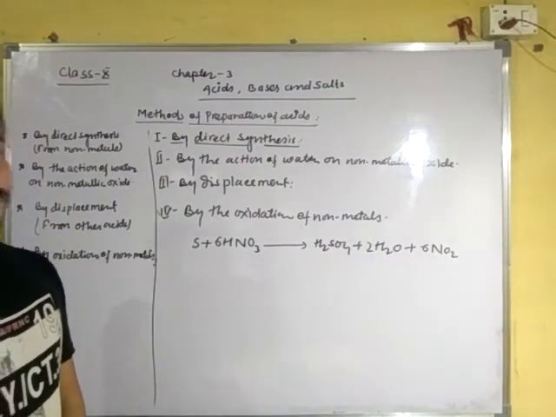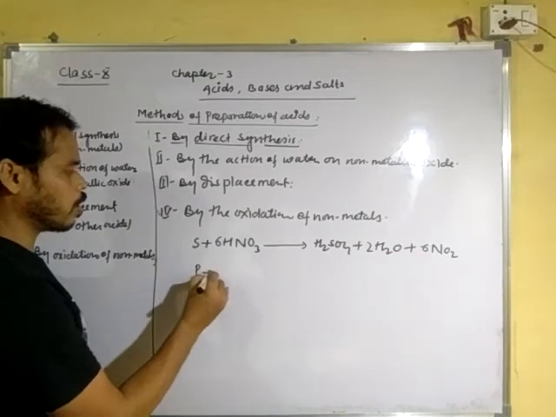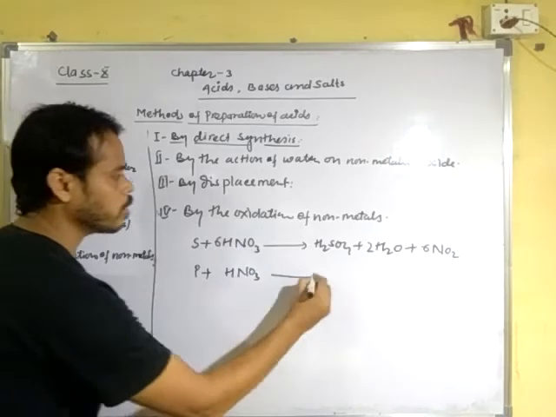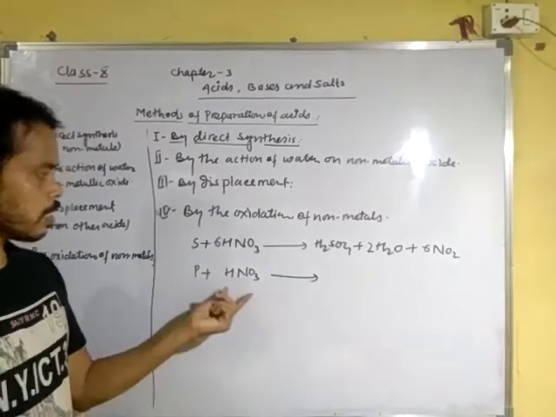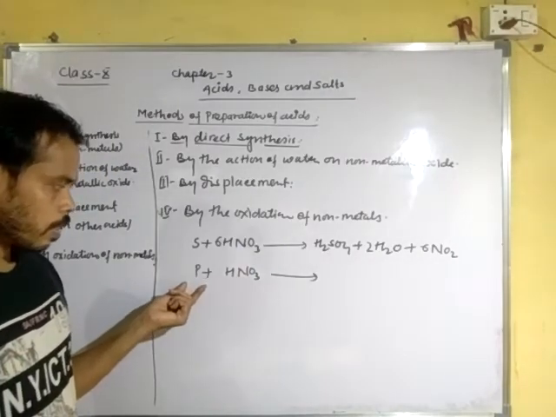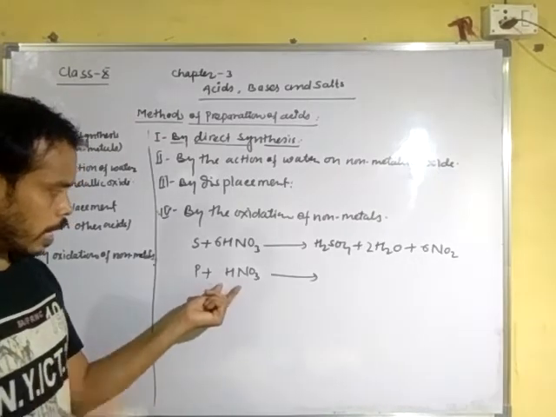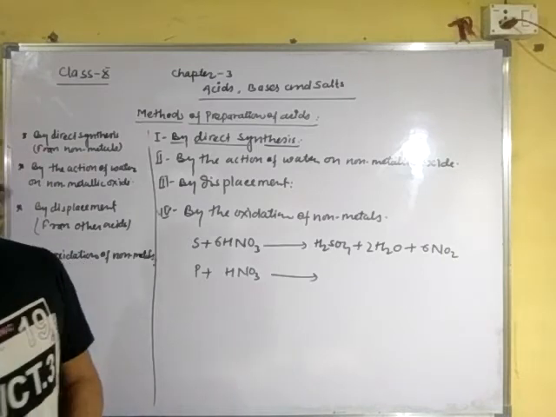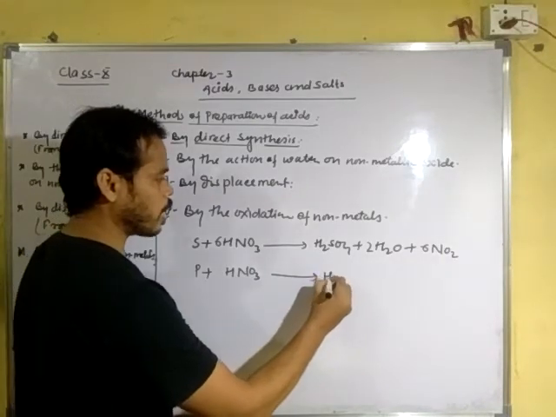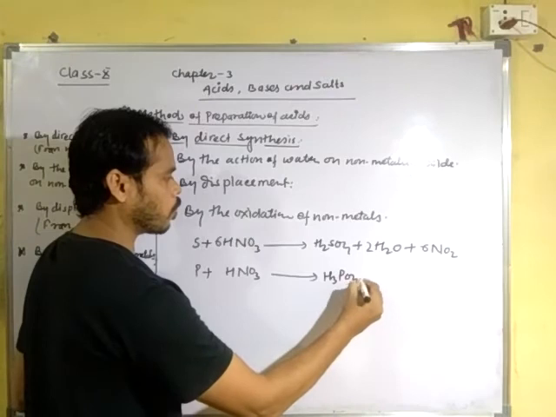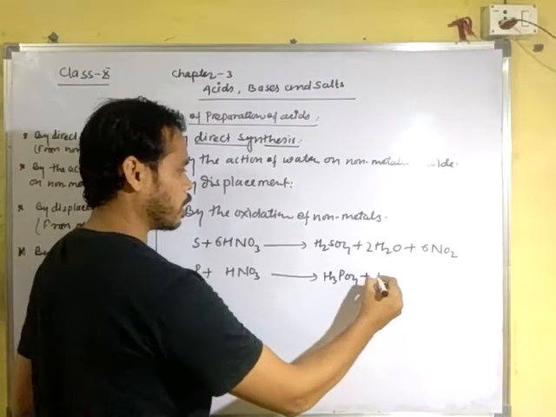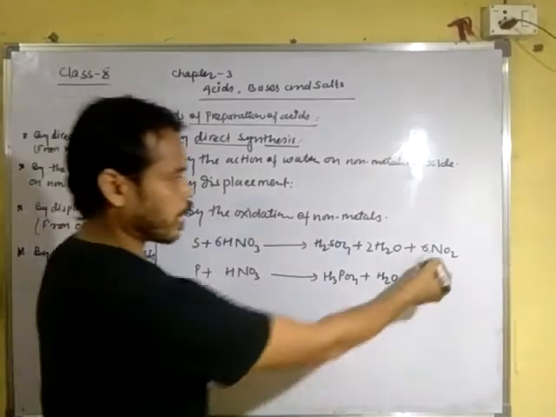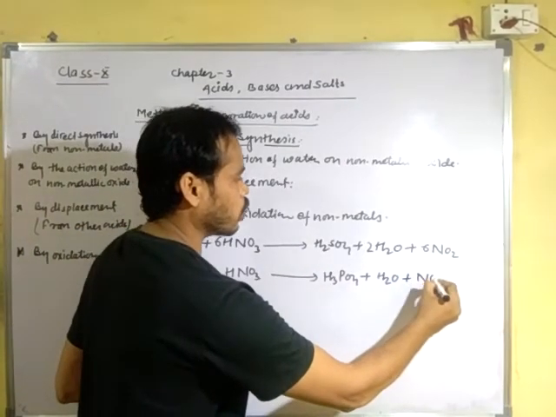Next, when phosphorus, another non-metal, is treated with the same kind of oxidizing acid, it forms phosphoric acid H3PO4, water H2O and nitrogen dioxide NO2.